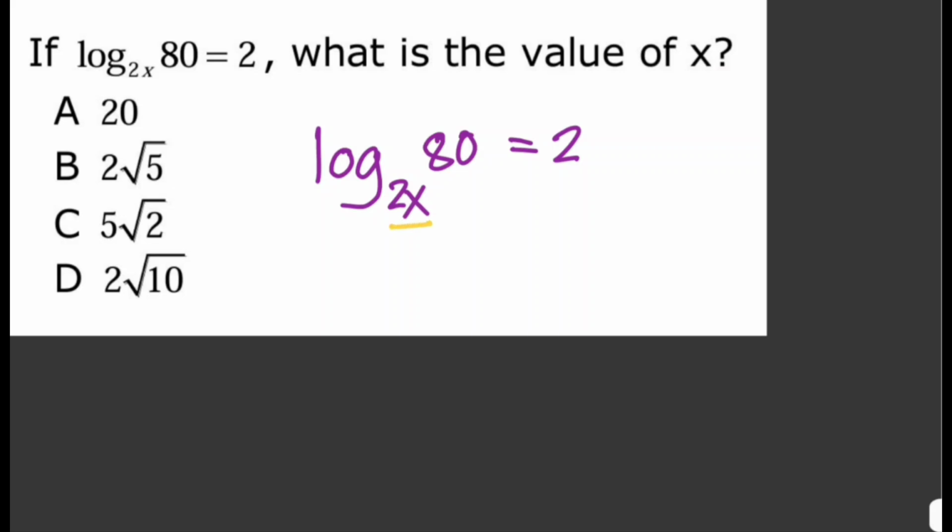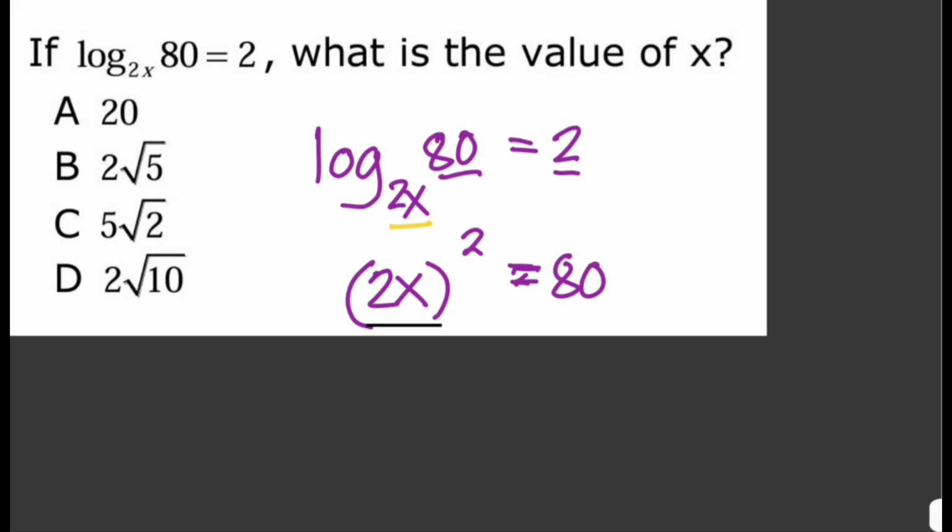The base here is 2x, so that would be the base of our exponential equation. And then the result would become the exponent. And the argument, which is 80, would be the result of the exponential equation. So this is equal to 80.